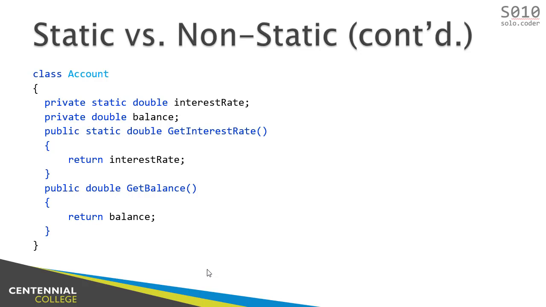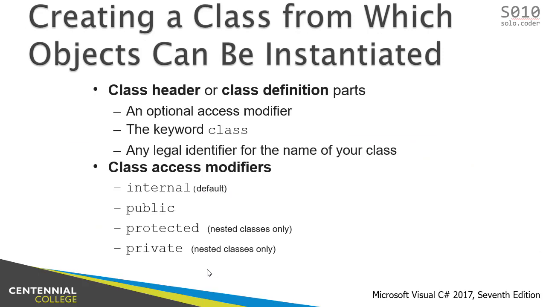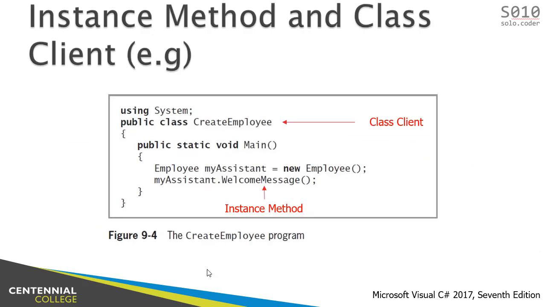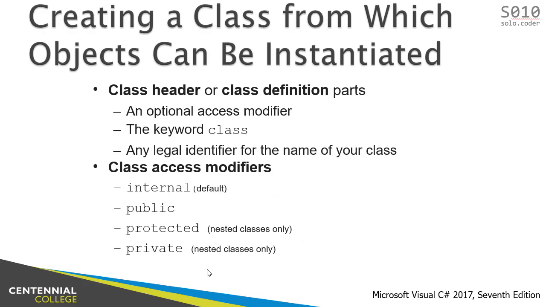Let's have a look at some of the things here, which will give you more insights into that. I'm just going to step back to where we were before, and let's talk a little bit about access modifiers in the context of classes. When it comes to classes, we have four modifiers, but two of them are only applicable to classes inside classes, nested classes.